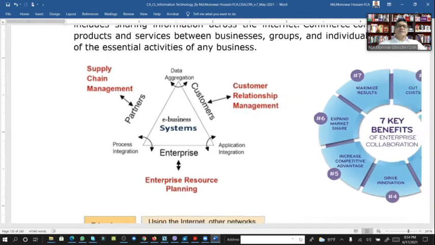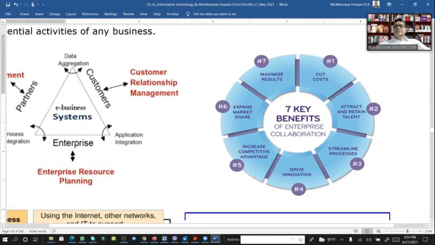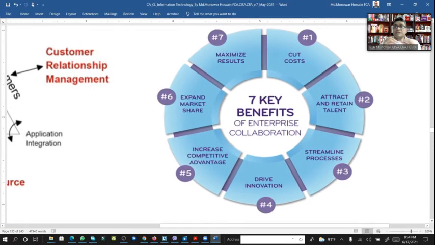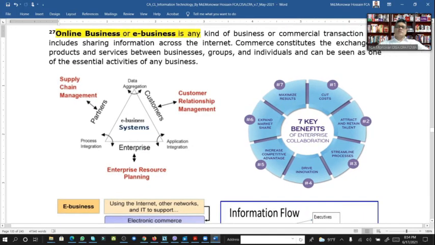That is the e-business system. There are different types of benefit: cost cutting, attracting and retaining talent or customers, streamlining processes, driving innovation, increasing competitive advantage, expanding market share, maximizing results, and higher revenue growth.